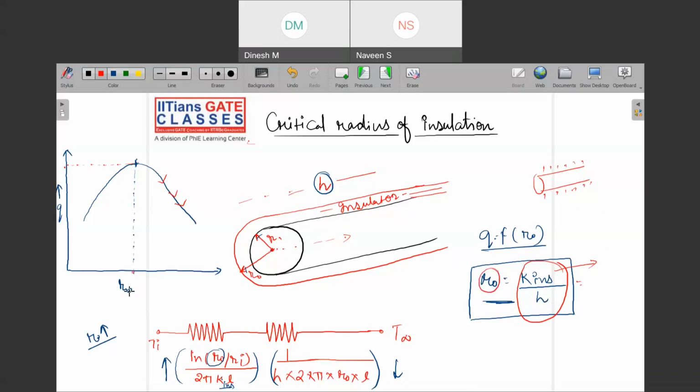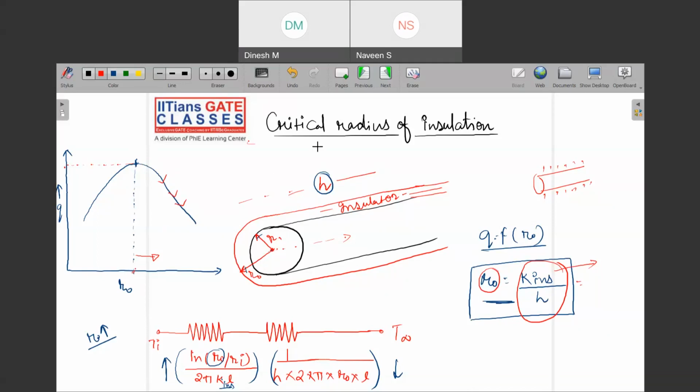So what I can decide from here is that in order to get the maximum heat loss, I will have to put R naught at that value. If you are beyond this R naught, then your Q value, which is the heat loss, is decreasing with the increase of R naught.